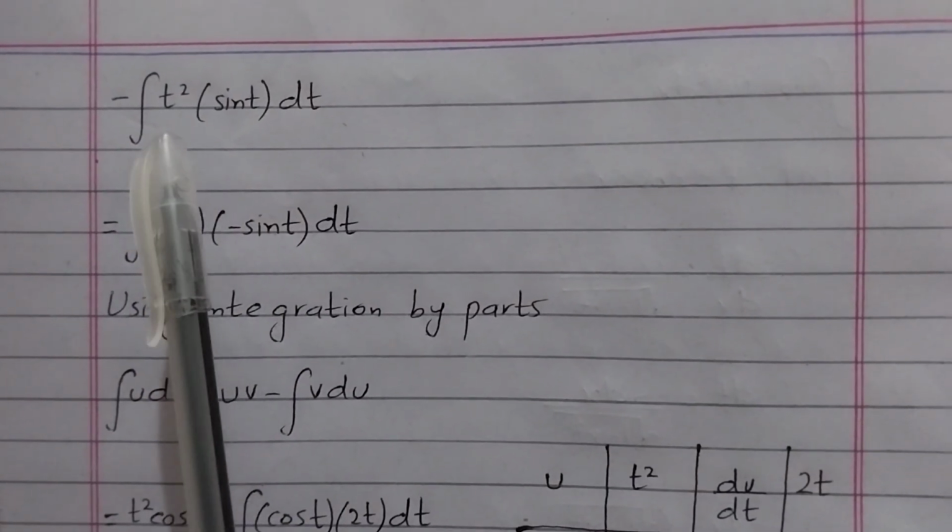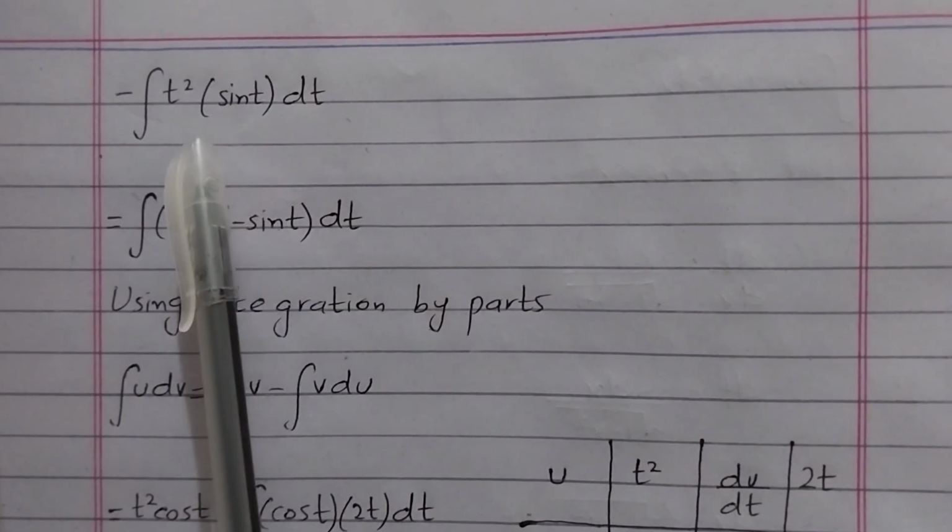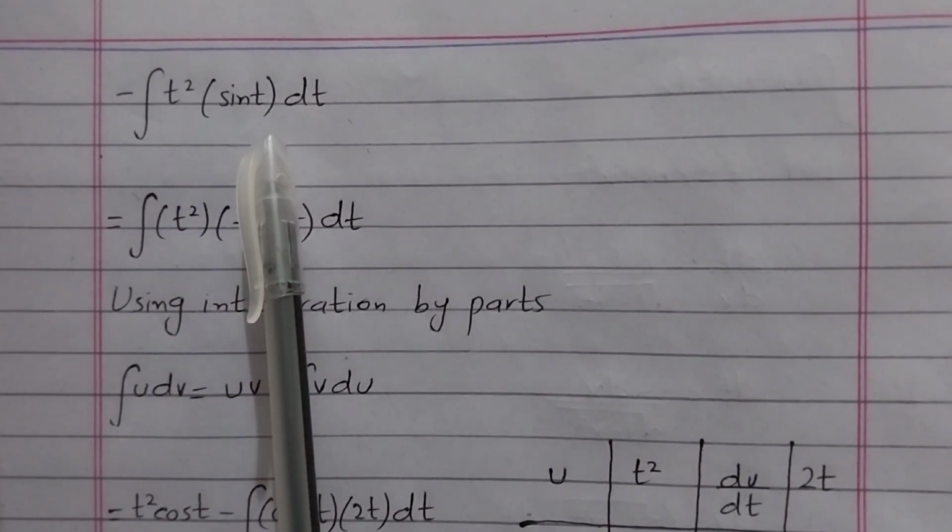So this is what we have, and we can see that we have a product of two functions of t. Whenever we encounter a product of two functions of t, we can think of applying integration by parts.